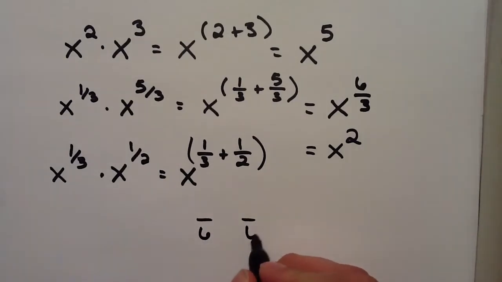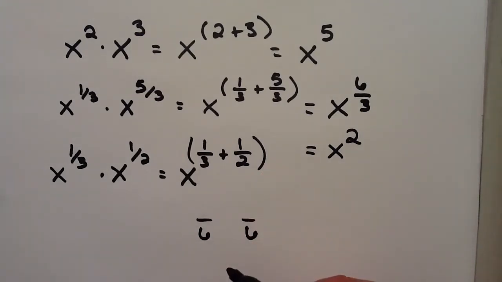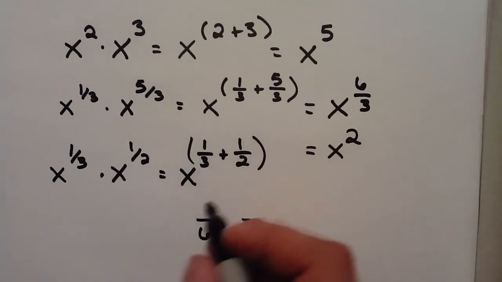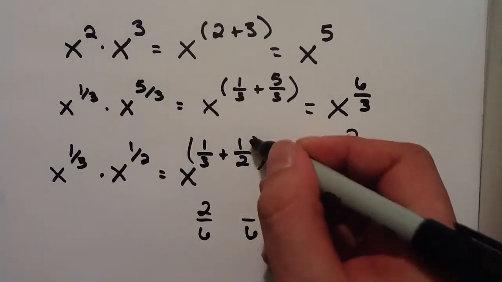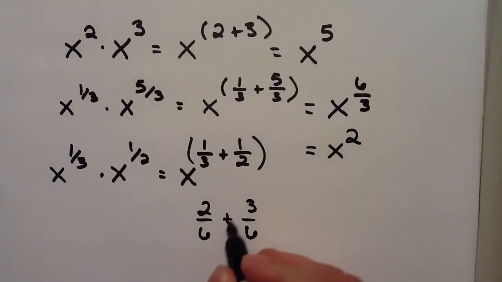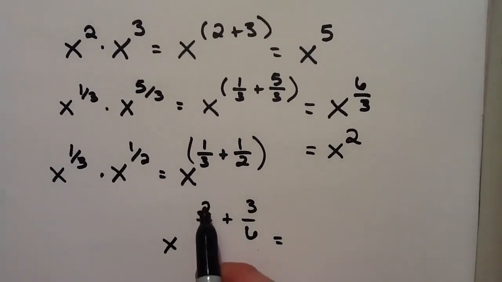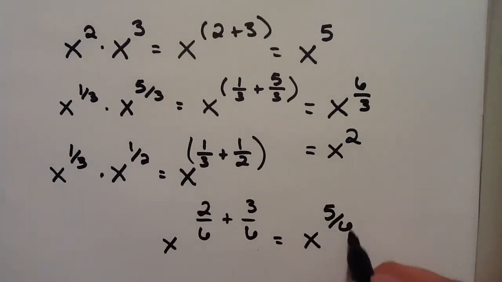The LCD is 6. What did I multiply 3 by to get 6? 2. So I must also multiply the top by 2. I have to multiply this fraction top and bottom by 3. So I get a 3 here, plus, bring on over my x, which equals, add across, 2 plus 3 is 5, over 6.